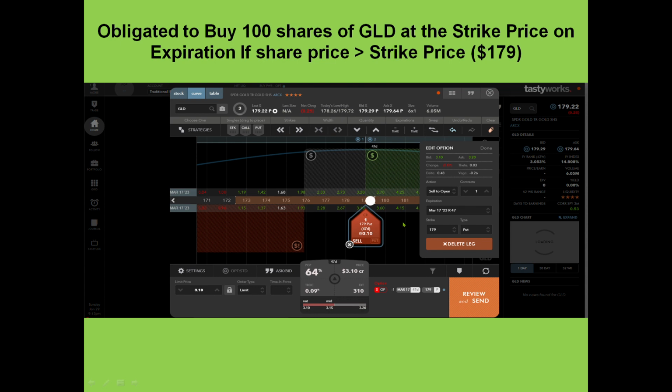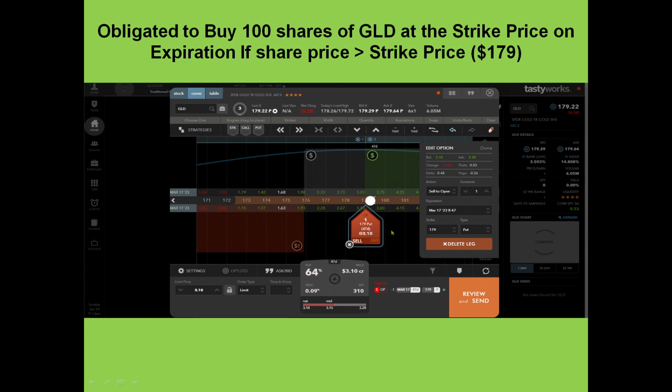But that's also a good strategy to get into GLD at a really good price, and it enables you to buy low and sell high too, because if the price of GLD suddenly drops below the strike price by expiration, you get the GLD shares with your cost base equal to 179 minus $3.10, which means your cost base is lower by $3.10, and then you can turn around and sell a covered call to get a premium.